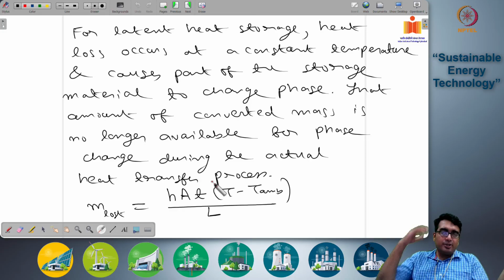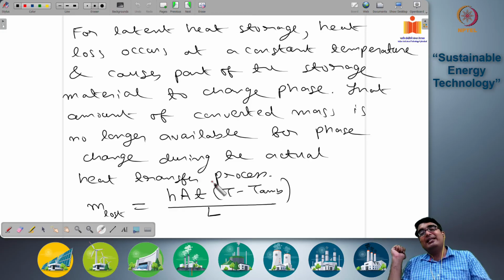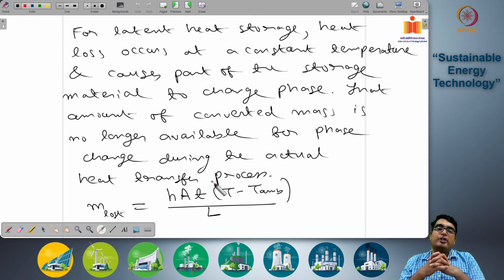As heat is lost, part of the steam condenses back into water, and that condensed part no longer takes part in the heat transfer process. So you are basically losing effective mass of your storage material. Okay. So that amount of converted mass is no longer available for phase change during the actual heat transfer process.